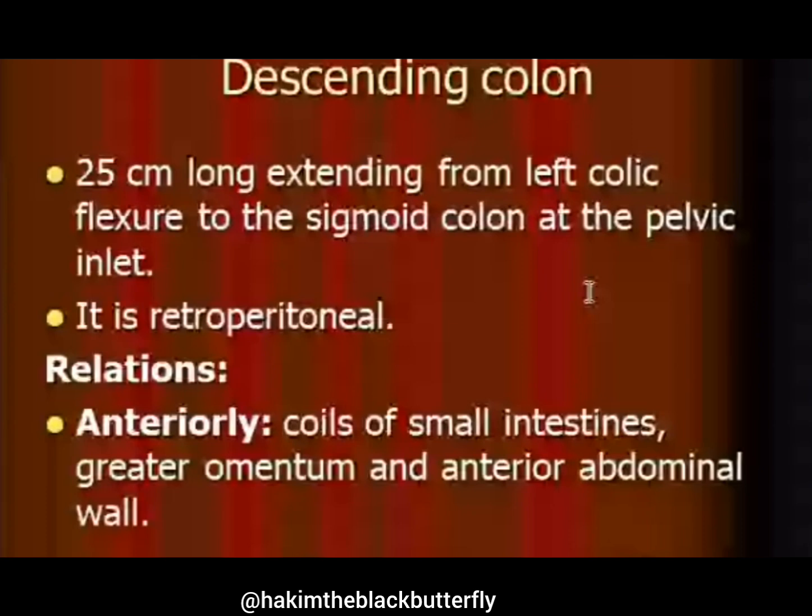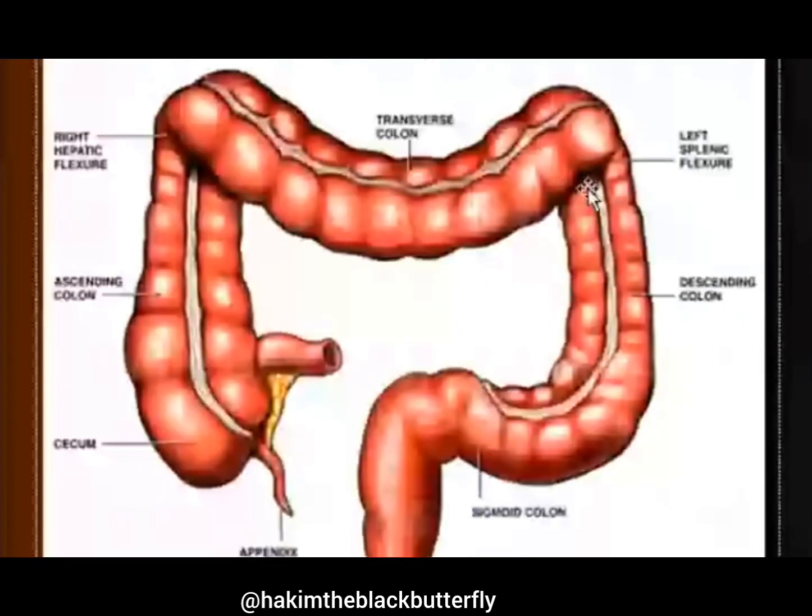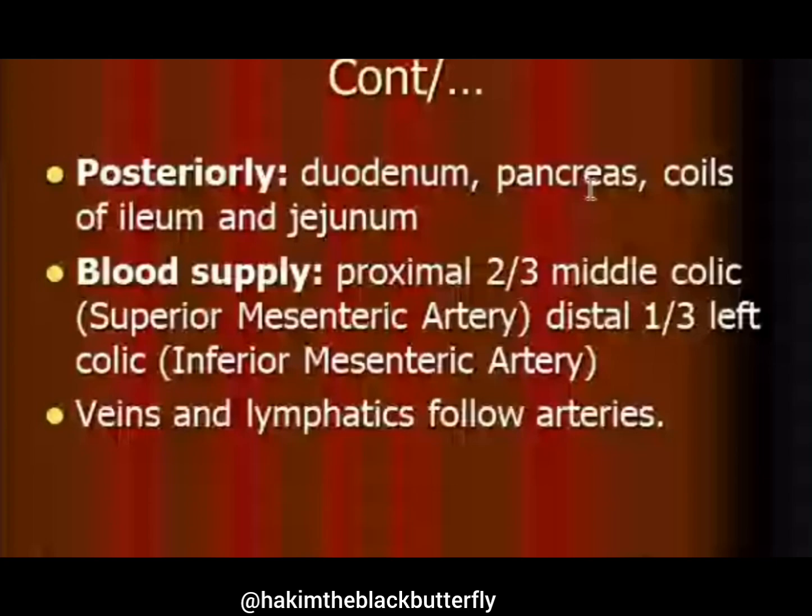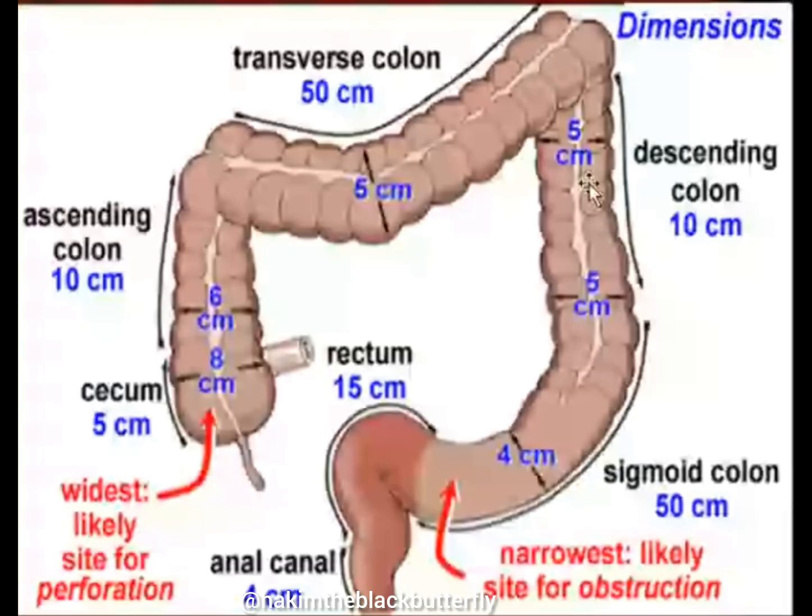The transverse colon continues with the descending colon at the left colic flexure. And we saw it in our illustration. The left colic flexure is slightly higher than the right colic flexure.